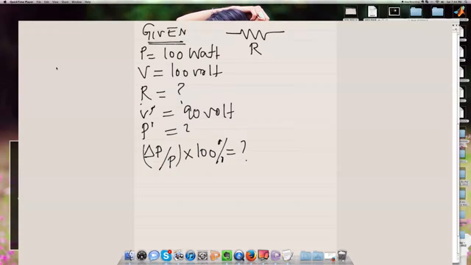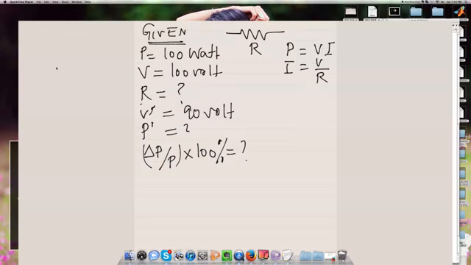the power consumed by a resistor is given by voltage times the current that's passing through it. And from Ohm's law, the current is voltage divided by resistance.